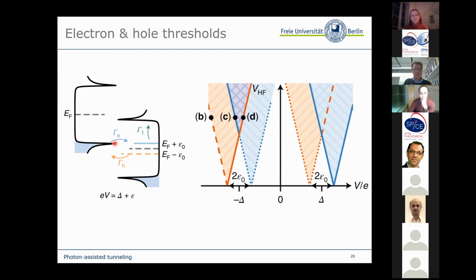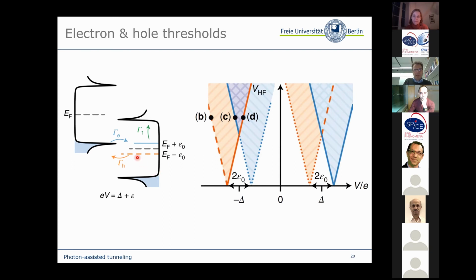So the threshold is when the coherence peak of the tip is lined up with the energy of the subgap state in the substrate. And if one now applies microwave radiation, this tunneling electron can emit or absorb photons, and so this threshold will open up into this kind of cone.